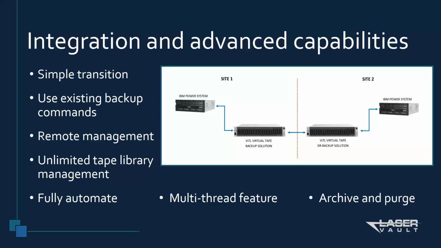Whatever you're currently using today, whether it's any of the Go Save commands, Go Backup, BRMS, or Robot Save, all can easily be configured with virtual tape, simply by changing from TAP01, which might be your physical tape device or library, over to a new virtual tape or virtual tape library. This makes your transition very easy and quick, where many times during installation and training, you can have your first backup run that very first day.